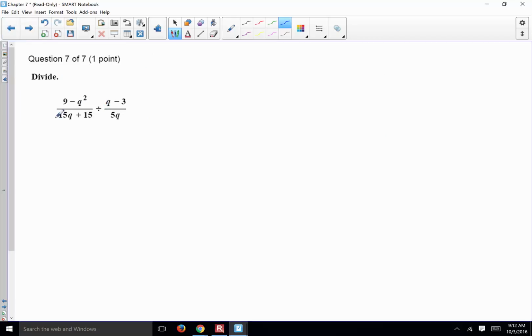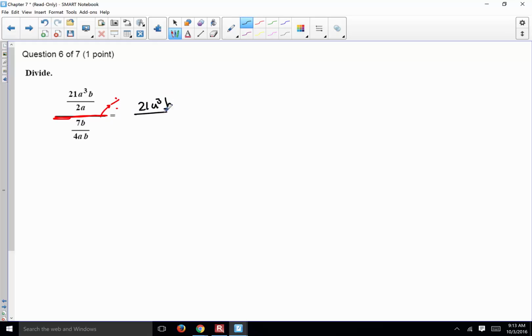We divided two fractions, but the regular symbol for division is this. Sometimes I said that division may appear with a fraction bar. This means also division. So all you need to do is convert this problem into regular division symbol with top on the left and bottom on the right. That's it.